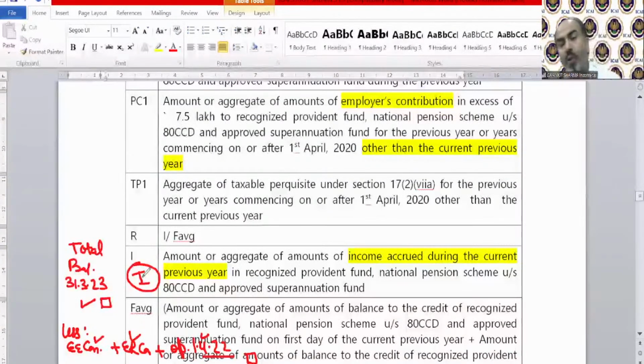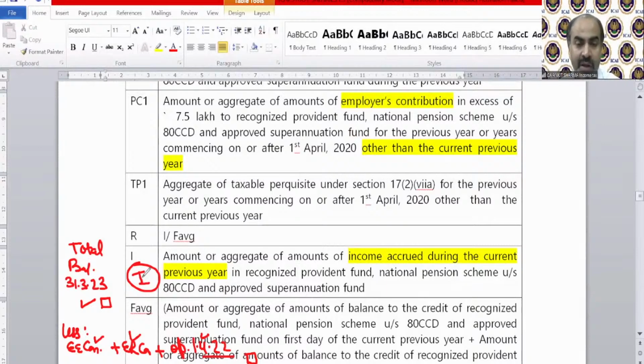Assume the opening balance is 10 lakh rupees. Contribution is 2 lakh by the employer and 2 lakh by the employee. That is 14 lakh, and the closing balance is given as 15 lakh. So 1 lakh is technically the interest value. So I resembles the interest of that provident fund for the current year.